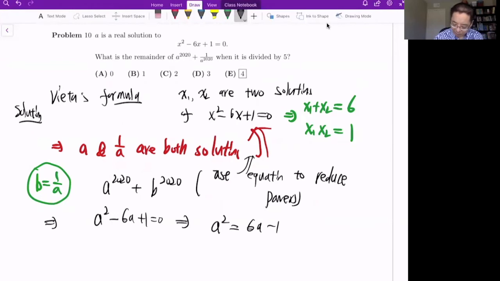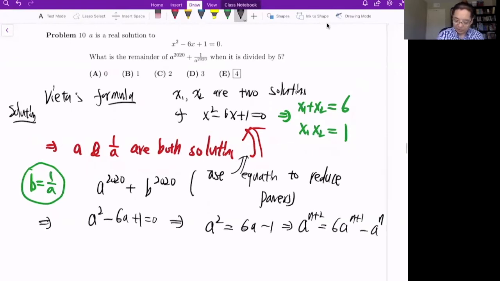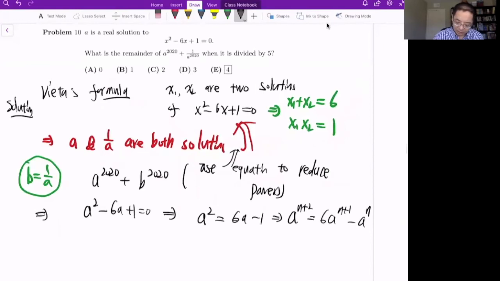Then by simple algebra, we get A to the power n plus 2 equals 6 times A to the power n plus 1 minus A to the power n. So this is what we have. Similarly, we also have B to the power n plus 2 equals 6 times B to the power n plus 1 minus B to the power n.